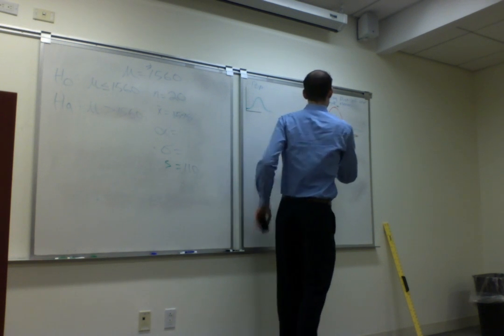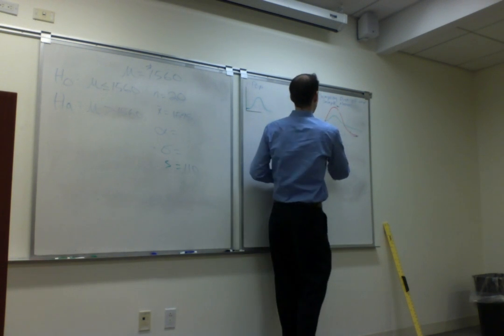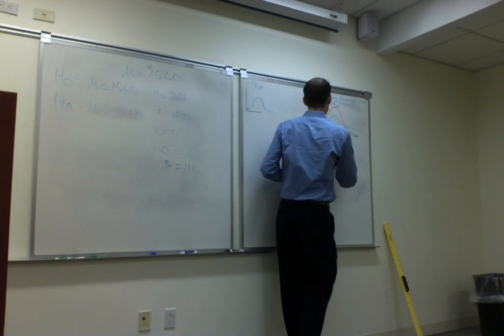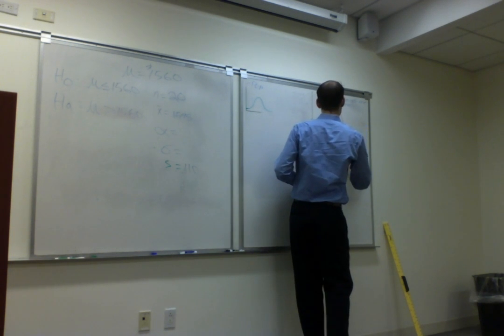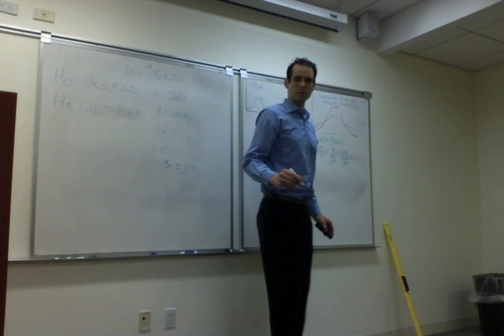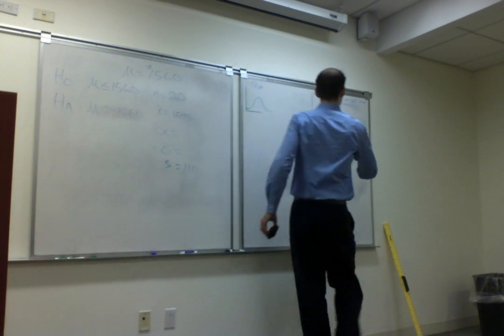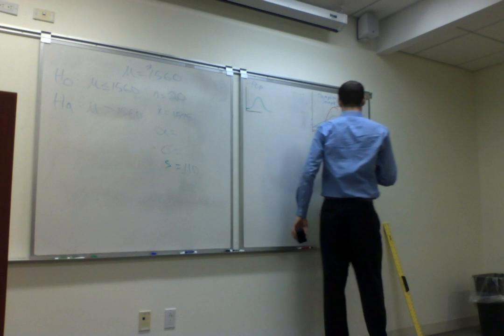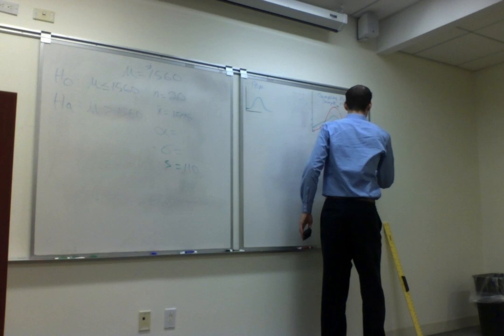The standard deviation of the sampling distribution of sample means equals, this time we're putting in the sample standard deviation divided by the square root of n, which is 110 divided by the square root of 20, which equals, someone want to fetch that out for me? 22.4? Okay. Oh no, sorry. 24.6. Okay.